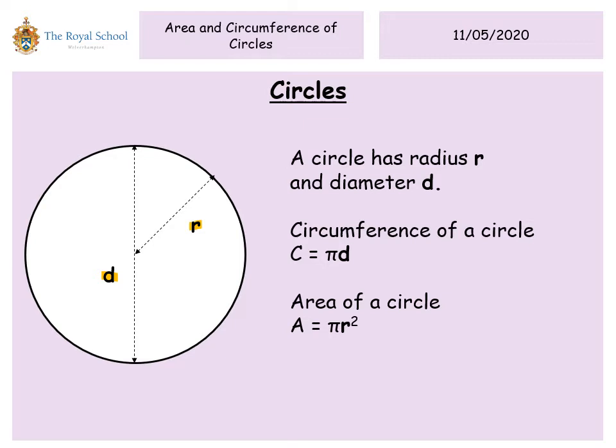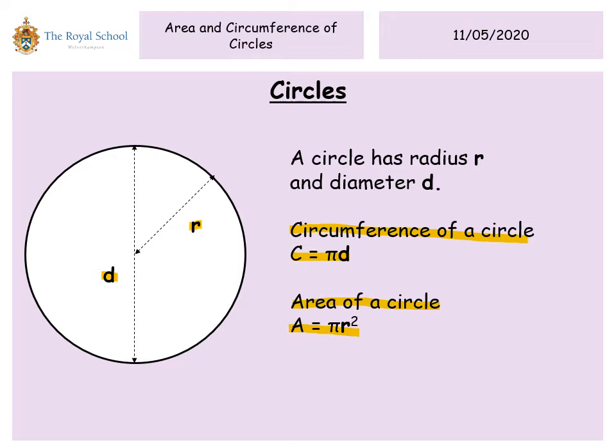So circumference of a circle is pi times diameter, and then area of a circle is pi times radius squared. So really important formulas you need to know. If you aren't aware of them already, then I would definitely get a record of those in your notes for today. They're going to be really, really important to use going forward.